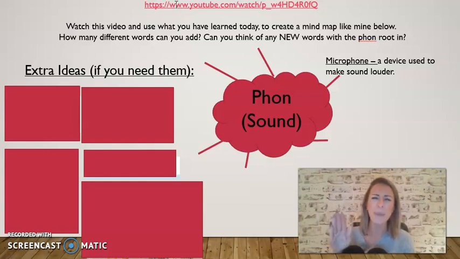So if you're happy and you've got lots of ideas to help you with your, I'm going to call this a mind map, thought bubble, whatever you like to call it. If you've got enough ideas, you can pause the video now and do it yourself if you want to do it without clues. Okay, so if that's you, pause the video now.